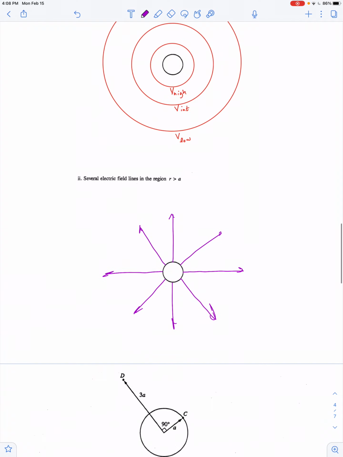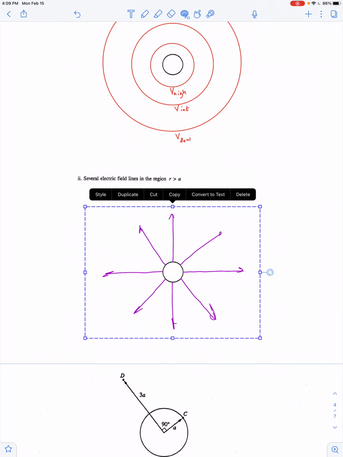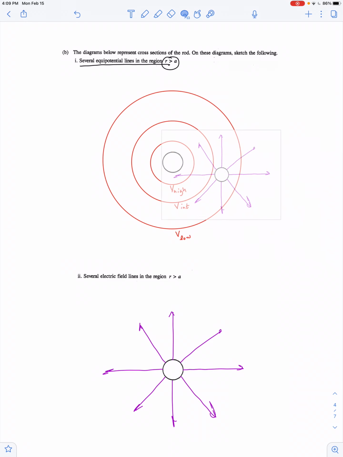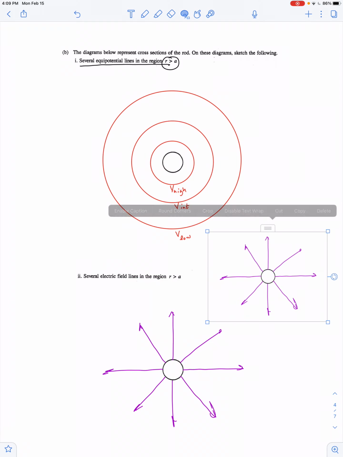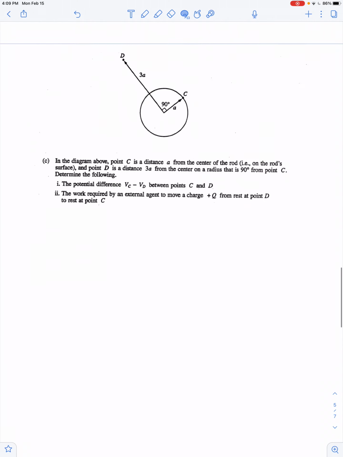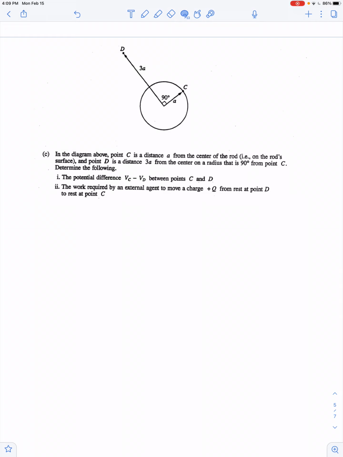And we note, if the two of these were to overlap, that the electric field lines will cross the lines of equipotential at 90 degrees at all points. Okay, on to part C.